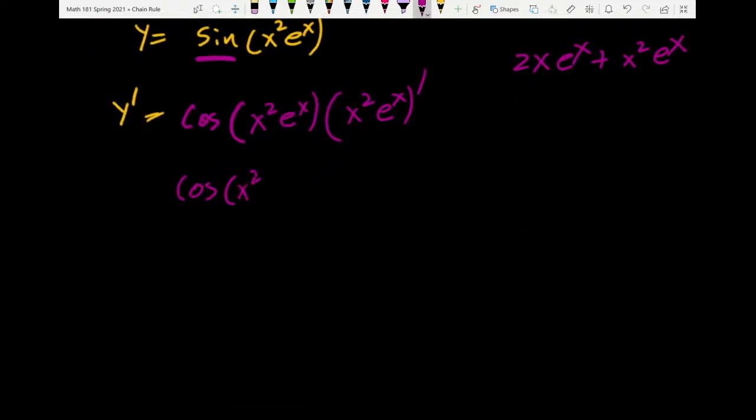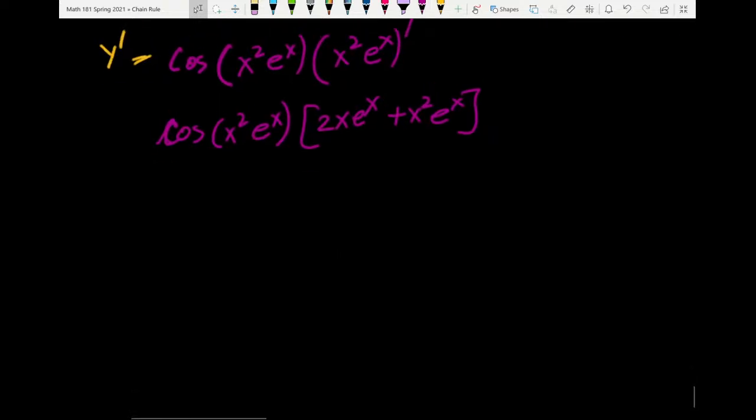So I get cosine of x squared e to the x times 2x e to the x plus x squared e to the x. We could leave it like that, but maybe we could factor something out. X e to the x, and you get x plus 2. You could do that too, but they are still all the same.